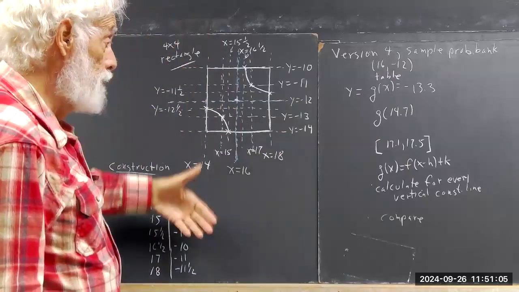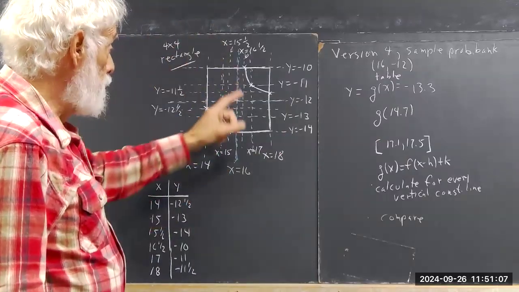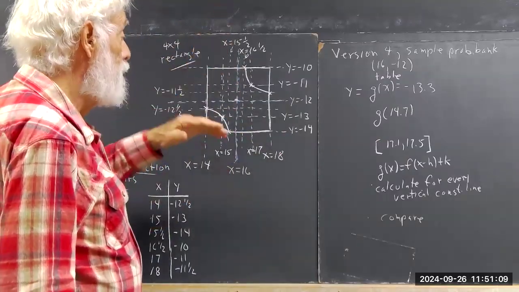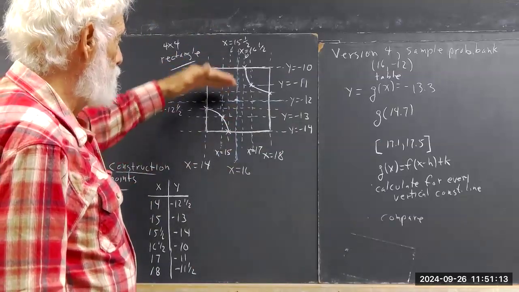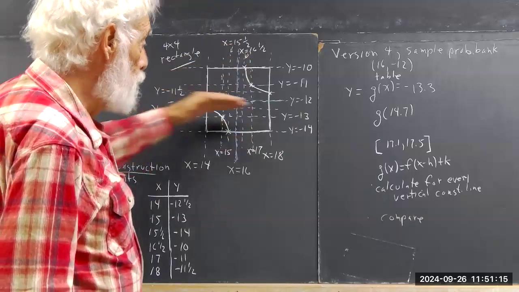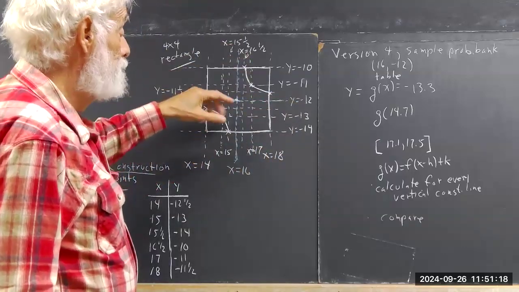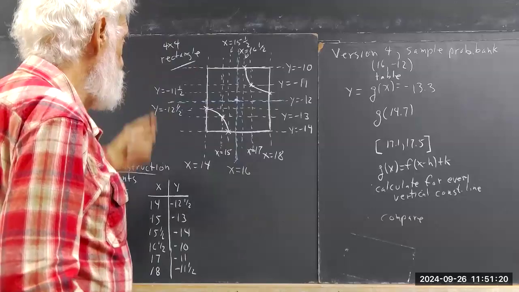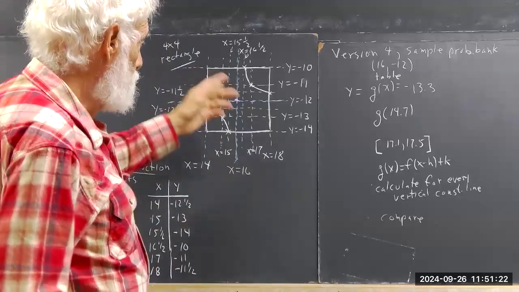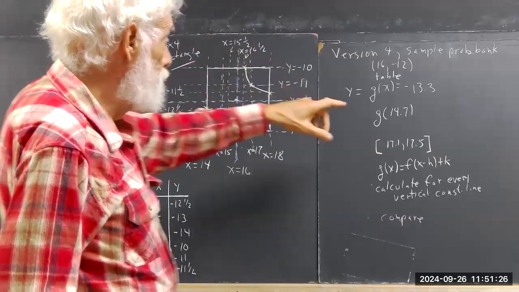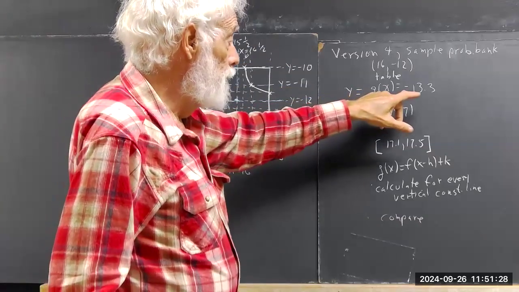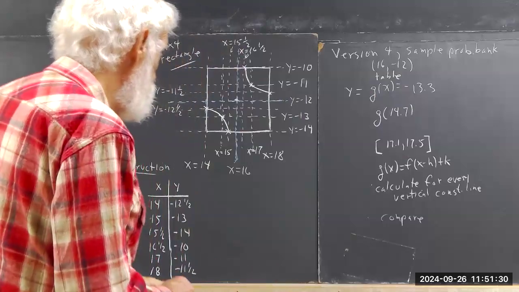This is the function g of x, meaning that g of x values are on the vertical axis. Coordinates of g of x correspond to horizontal lines, which give you y coordinates. And our y coordinates there go from -14 to -10. So we want to solve y equals g of x equals -13.3.